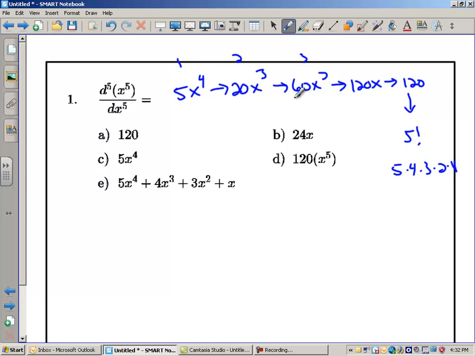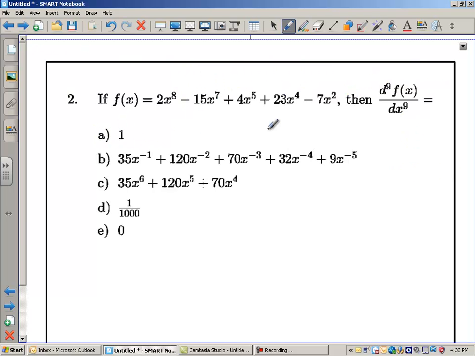Then we brought the 3 down, the 2 down, and the 1 down. So as a shortcut, that ended up being 5 factorial, which was 120. Now why is there not an x in my answer? Well, I ran out of x's. If I would have done one more derivative, I would have taken the derivative of 120 and I would have gotten 0.